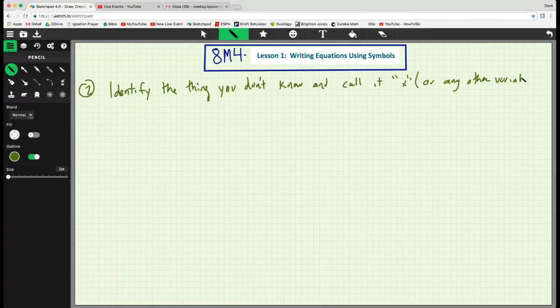So you don't always have to use x. If you're talking about apples, you could use A, or if you're talking about bananas, you can use B, for the cost of a banana.